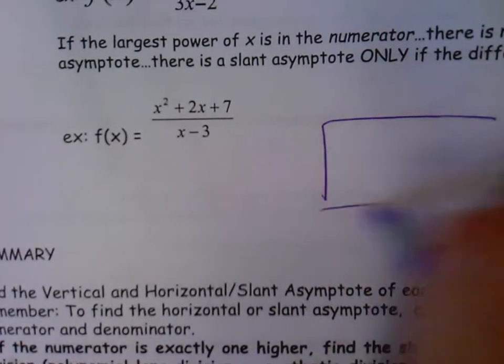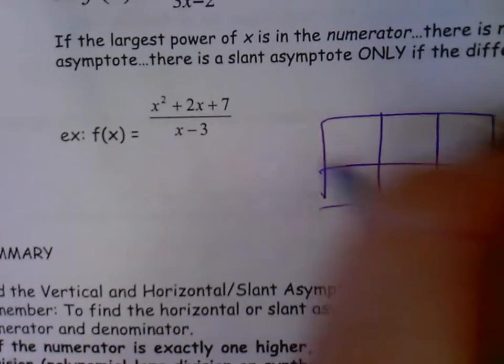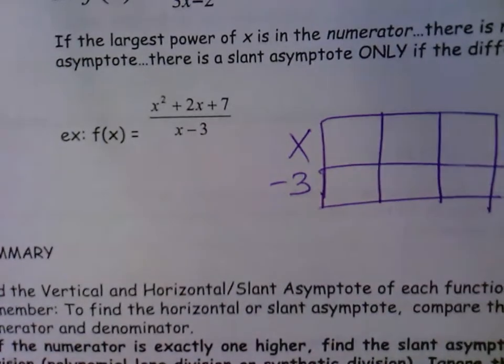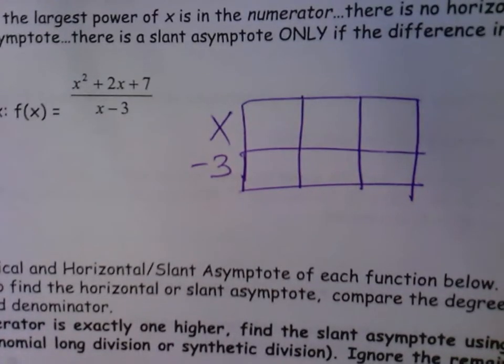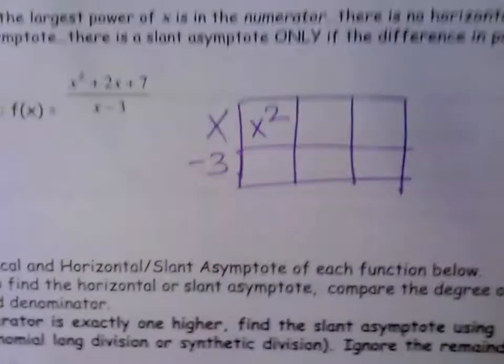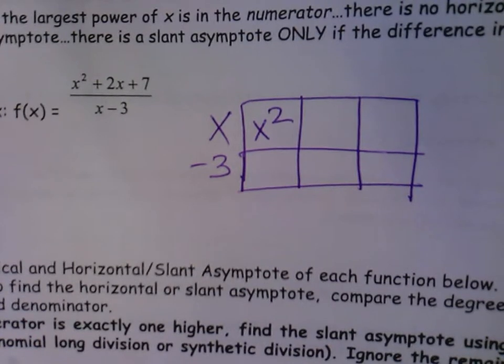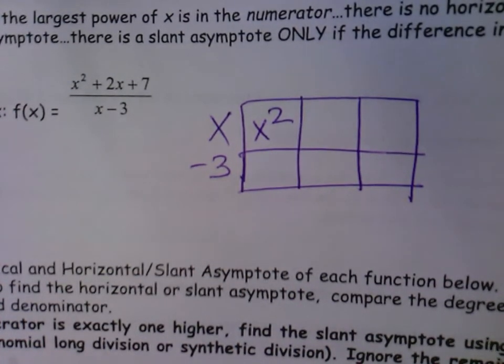No, because we're only putting x minus 3 down the side, right? X minus 3 down the side. X squared goes in the top left. See if you can do the next step. What's my next step?